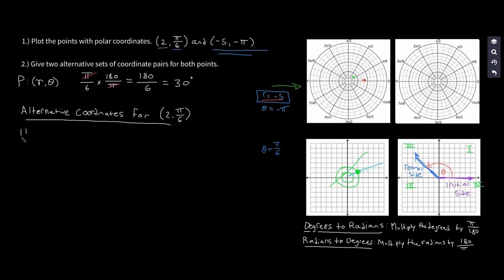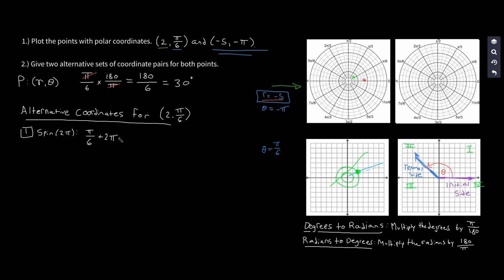The first way is to do a full circle spin. So we're going to spin 2 pi. If you're at an angle and you spin exactly one full circle, 2 pi radians, then you end up facing the exact same direction. So we're currently at pi over 6, but now we're going to add 2 pi.